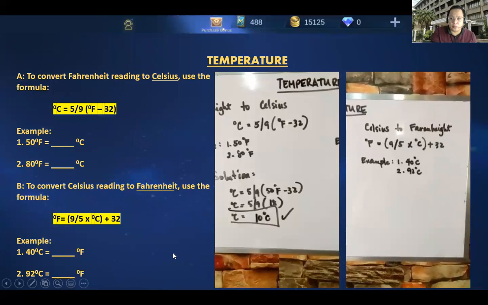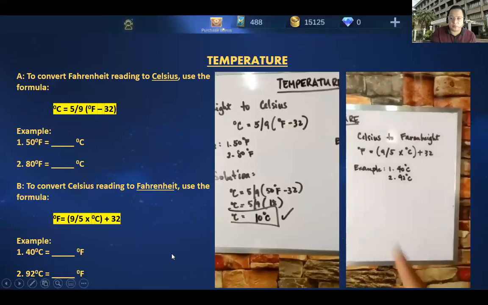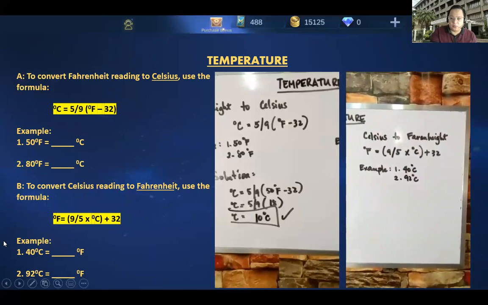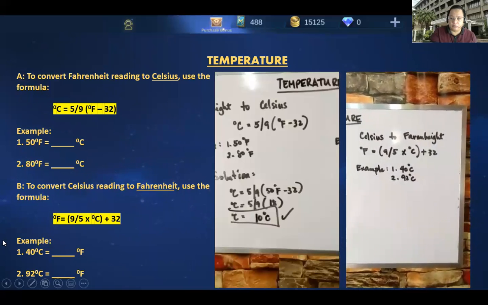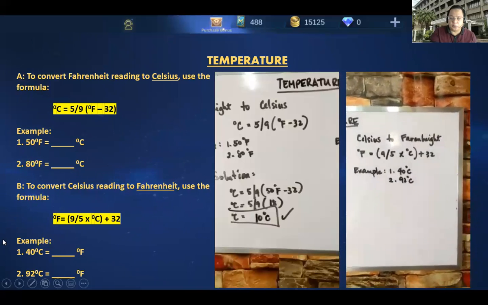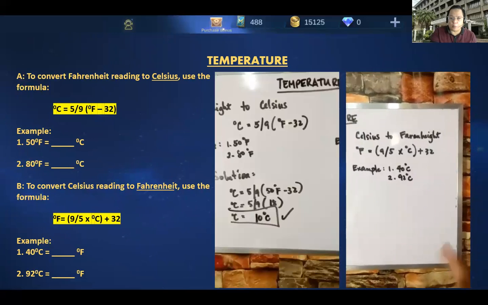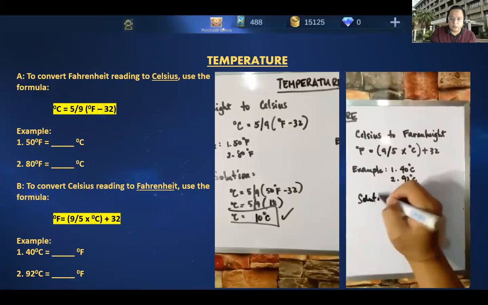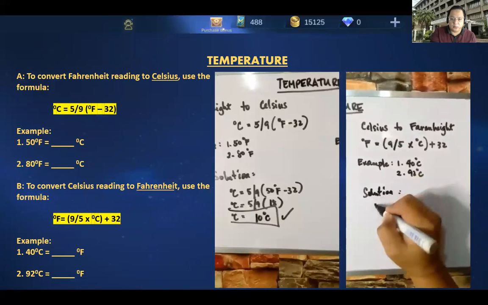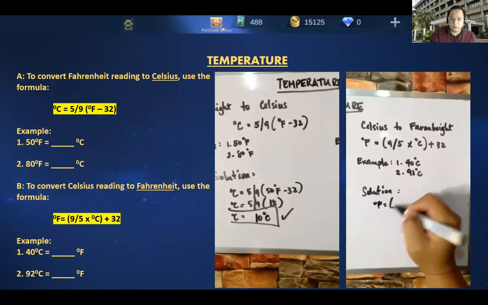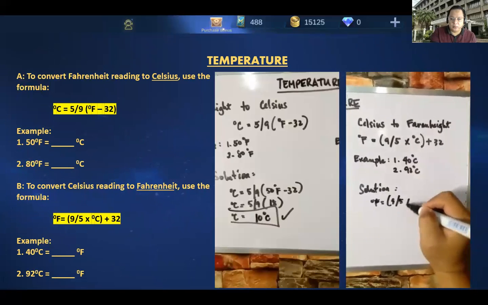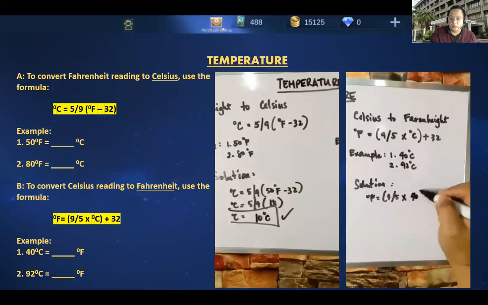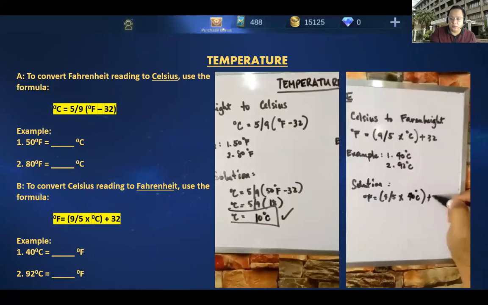For the conversion of Celsius to Fahrenheit, we follow the formula: degree Fahrenheit is equal to 9 divided by 5 times degree Celsius plus 32. So we have here example number 1, 40 degrees Celsius. So the solution is degree Fahrenheit is equal to 9 divided by 5 times 40 degrees Celsius plus 32.